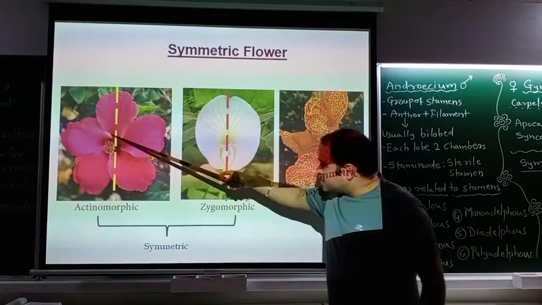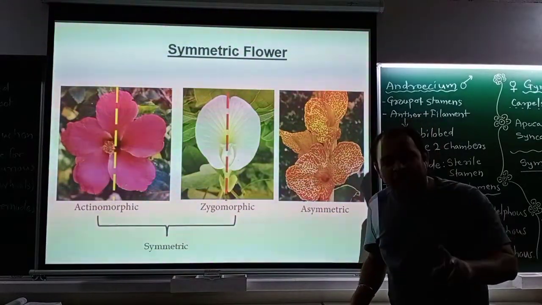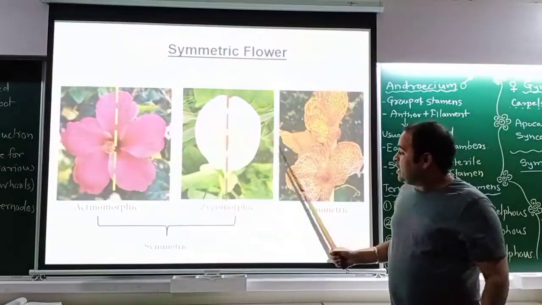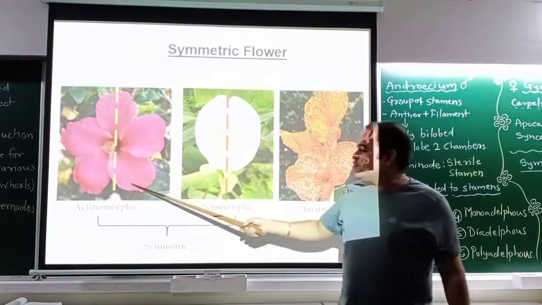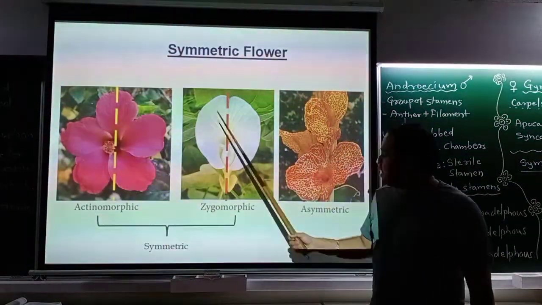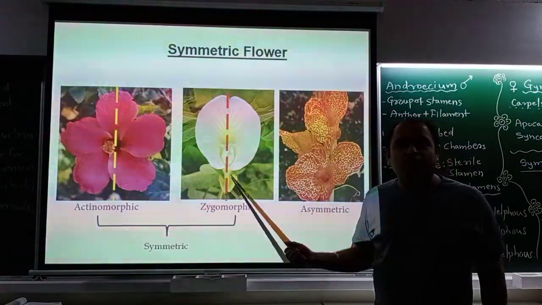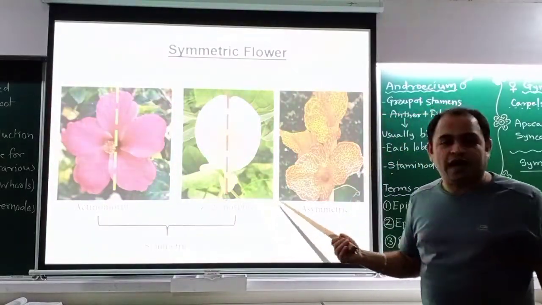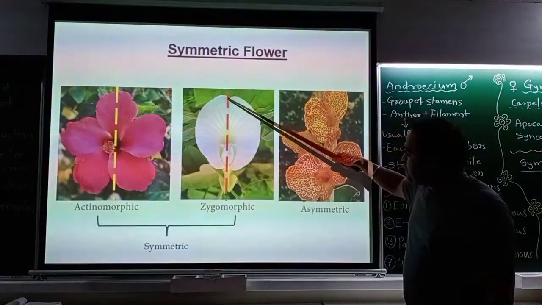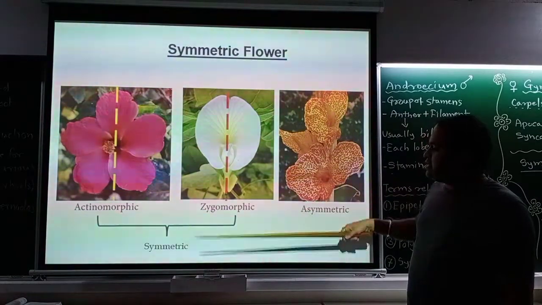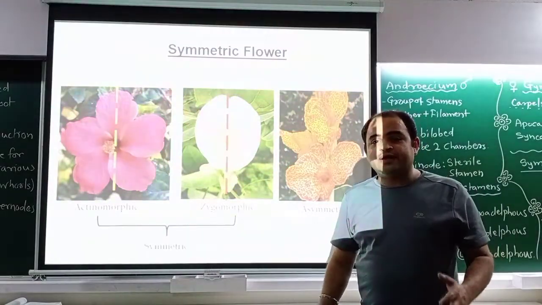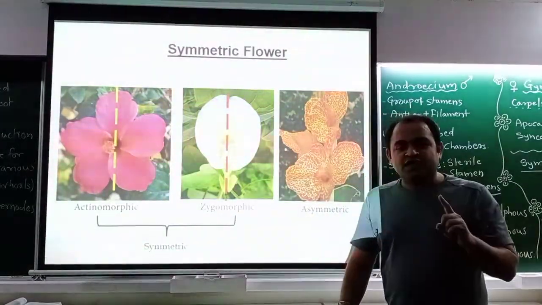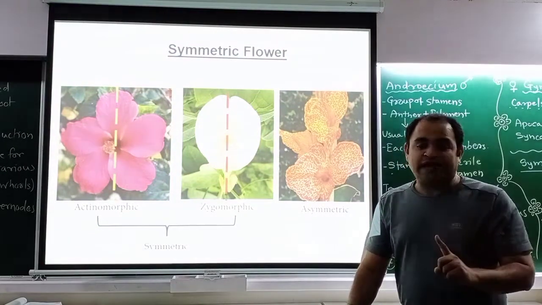If you put it like this, you will get two equal halves. Here, this typical flower is hibiscus, and this typical flower is clitoria.